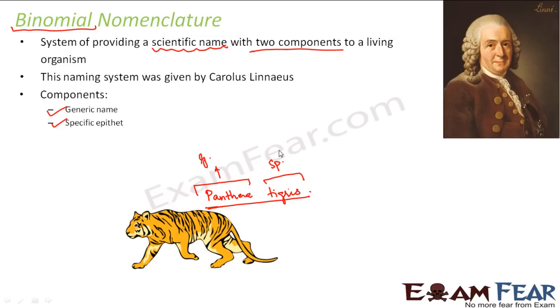We will talk about genus and species in detail as we go ahead. But for now, you should understand that every scientific name will have two words. One part is the generic name, which denotes the genus, and the second part is the specific epithet, which denotes the species of that particular animal. Every organism will have a scientific name, be it a tiger, a lion, human being, or any other organism.